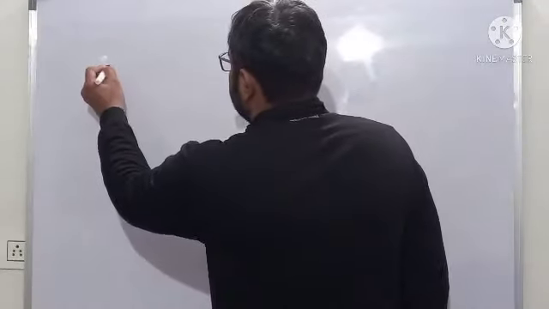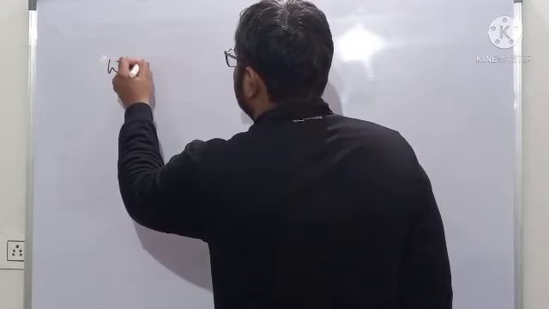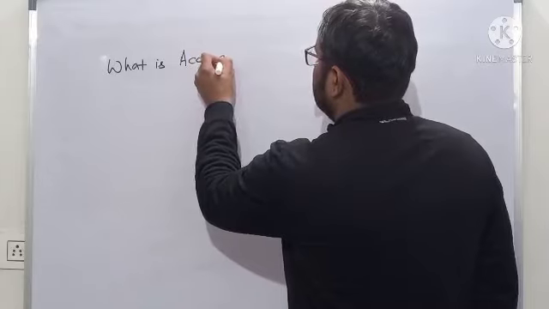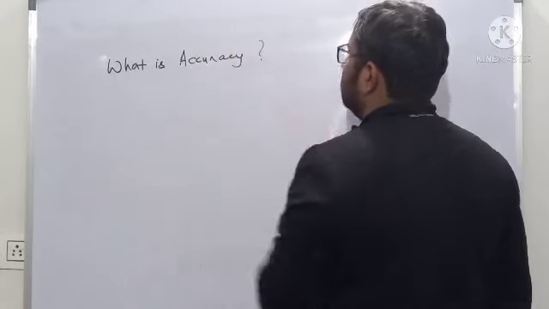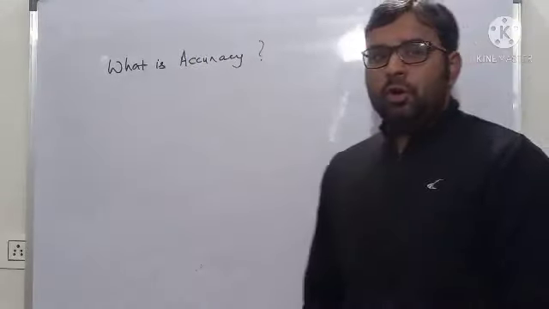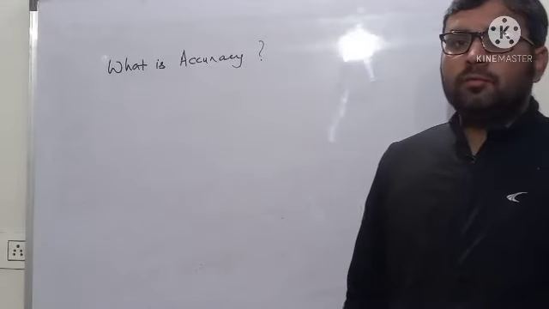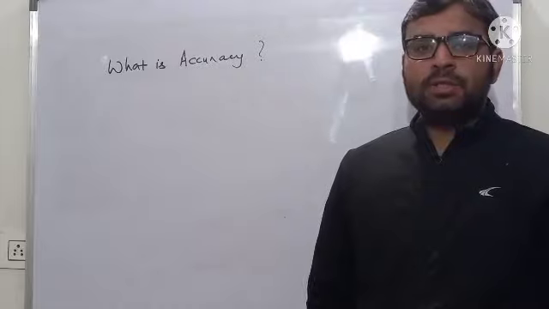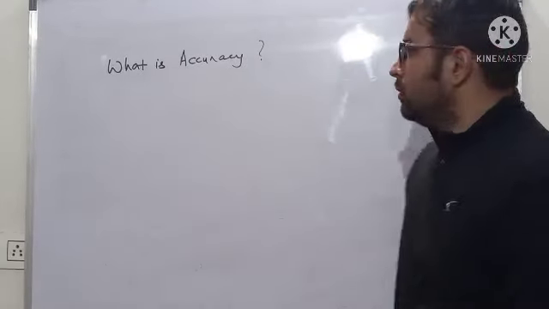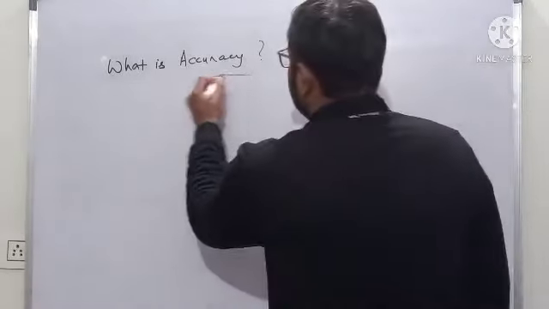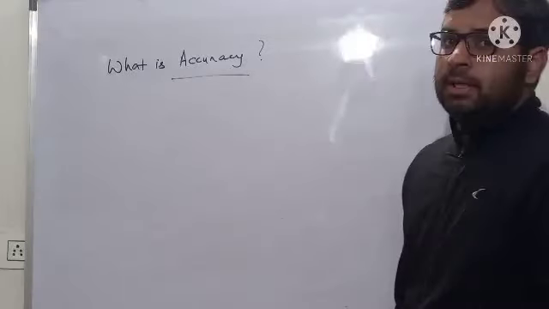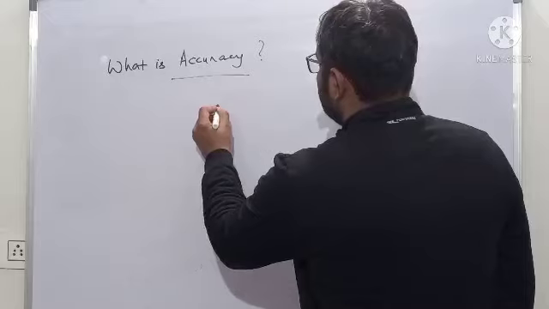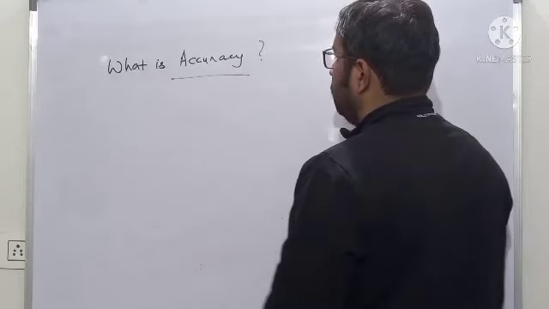Now what is accuracy? We all know that whenever we measure something from an instrument, there is always a possibility of an error associated with that instrument. So accuracy of a particular instrument is something which provides a measured value which is nearer to the true value.